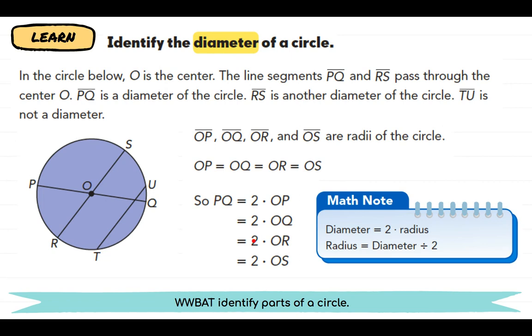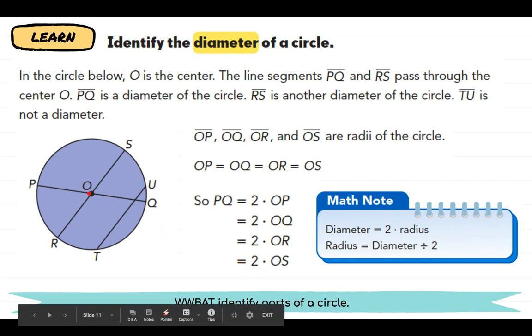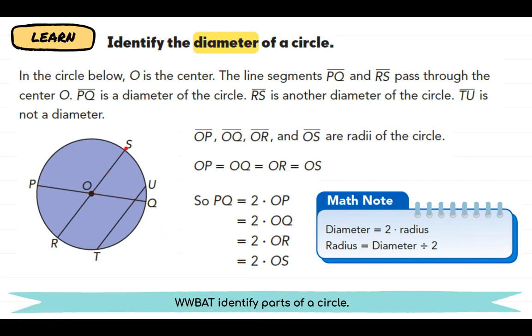PQ can also be equivalent to 2 times OQ, or 2 times OR, or 2 times OS, because all these radii are the same length. So we can conclude that a diameter is equivalent to 2 times the length of the radius, and the length of the radius is equivalent to the length of the diameter divided by 2.